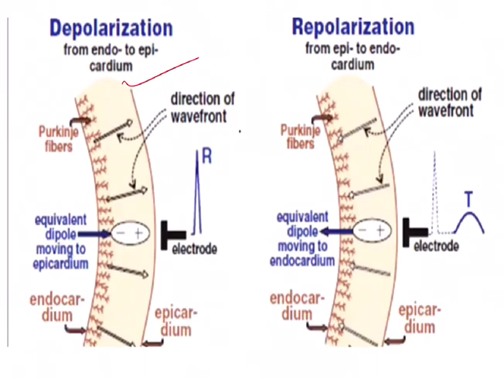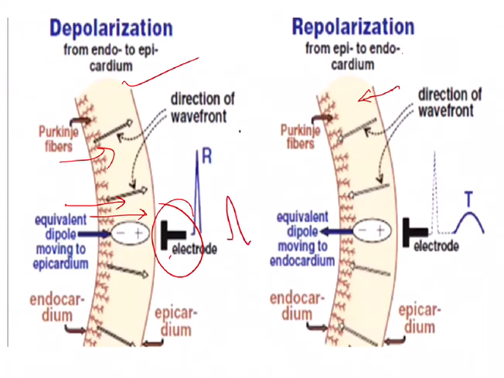Depolarization is from endocardium to epicardium, and repolarization is from epicardium to endocardium, from out to in, while depolarization is from inside to outside. So if we place an electrode over here, the depolarization wave, meaning positive charge, is moving close to the lead, and we will get a positive deflection.